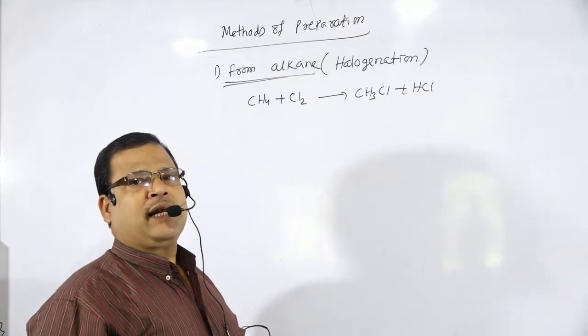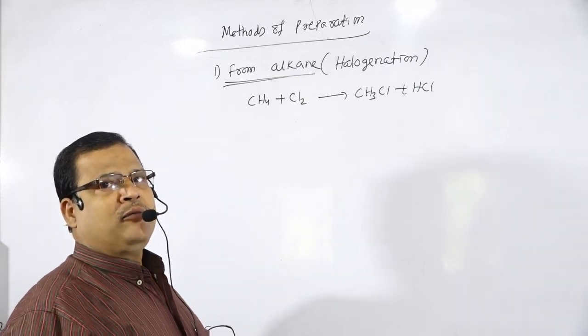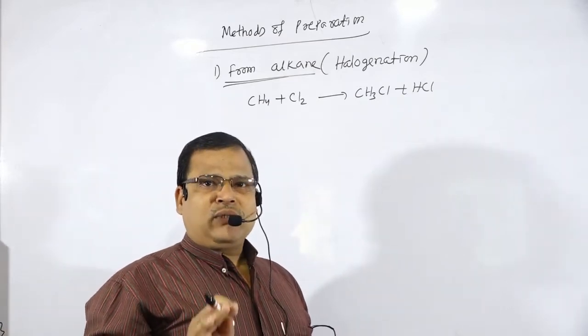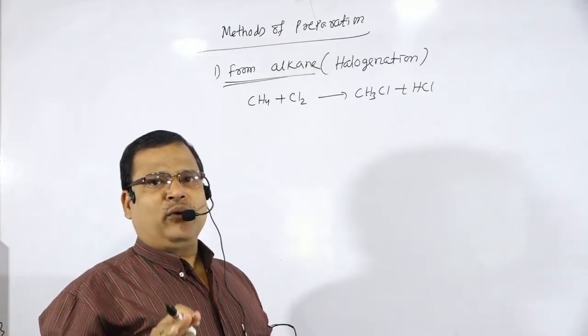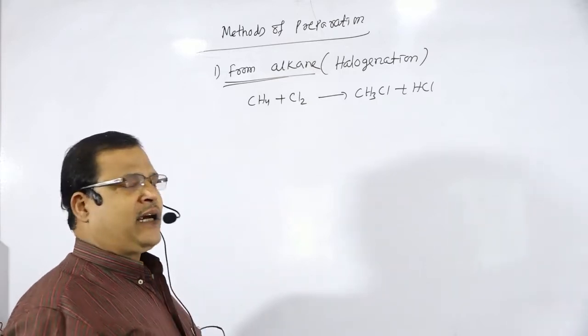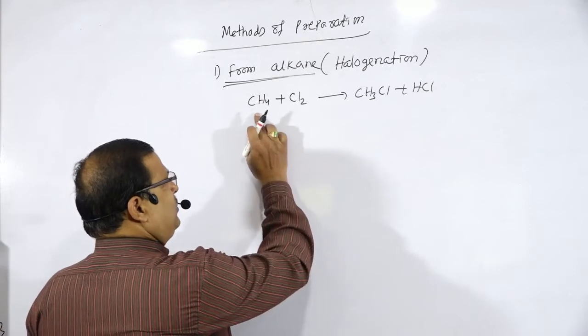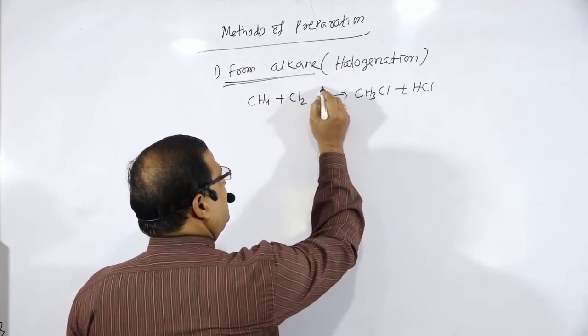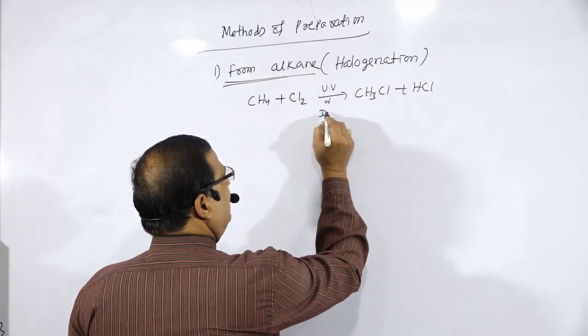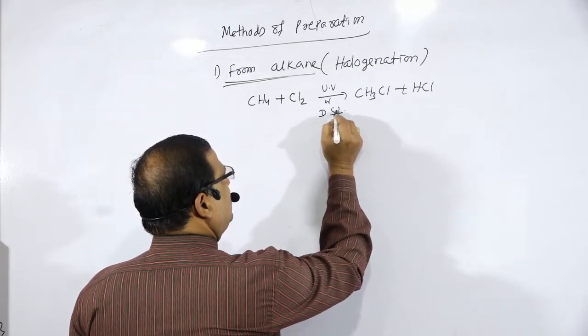From which material? From alkane, by the replacement of a hydrogen atom by a halogen atom like fluorine, chlorine, bromine, iodine. And we also have to explain their reactivity. So CH4 is treated with chlorine in presence of UV, ultraviolet light, or DSL, diffuse sunlight.